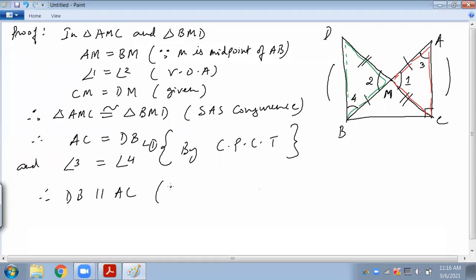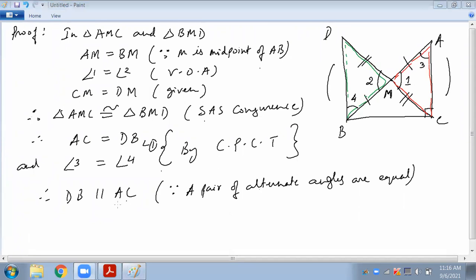Since a pair of alternate angles are equal. So we have shown DB parallel to AC.